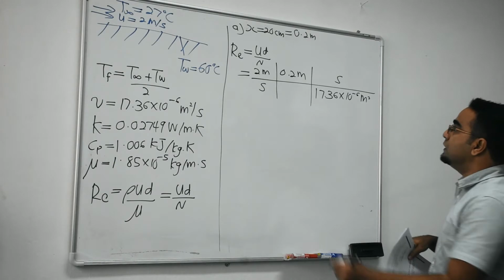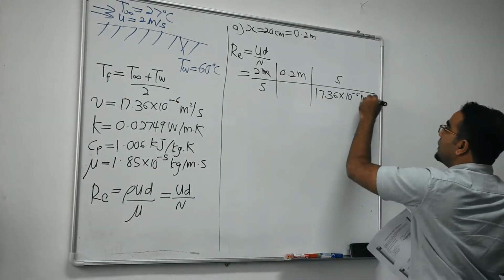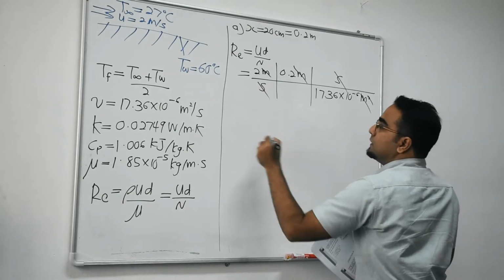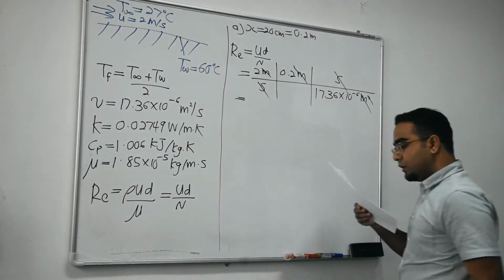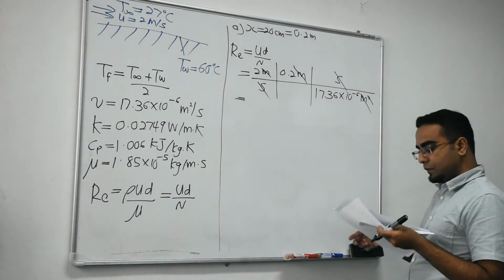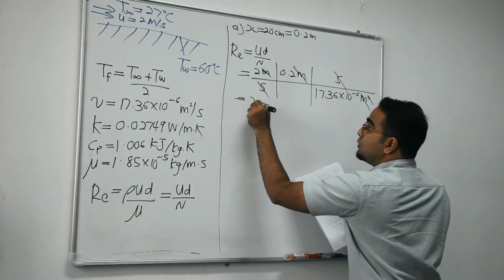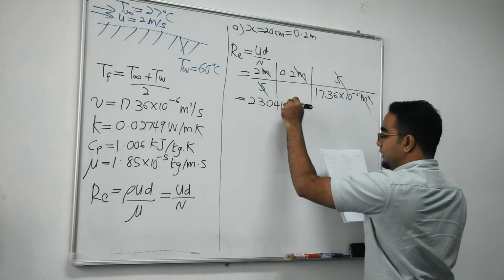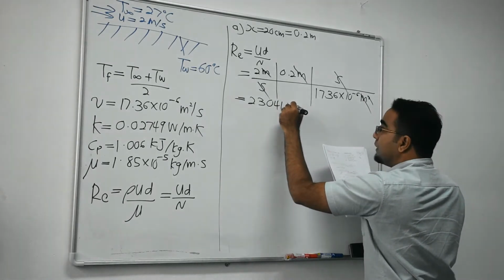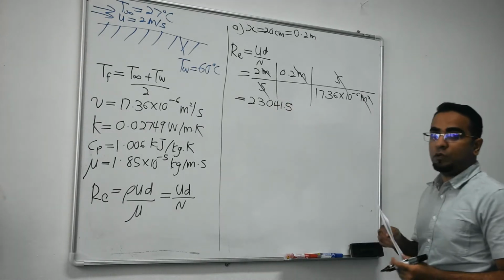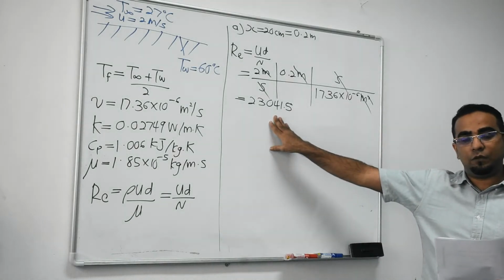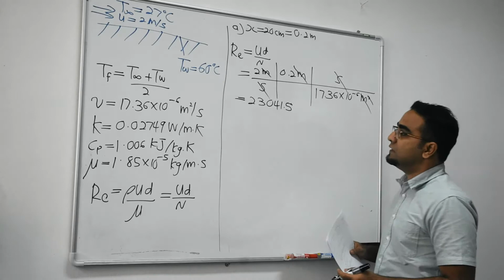So you cancel out the unit, meter with meter, second with second. So you'll get a value of 23,041.5. So we know that this number is laminar flow. Okay, that is our second step.